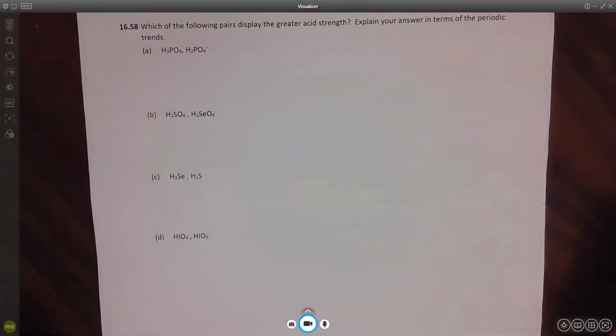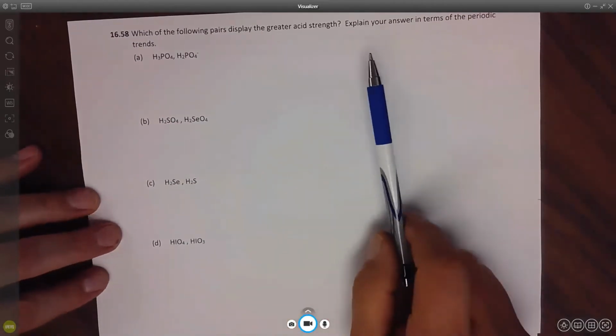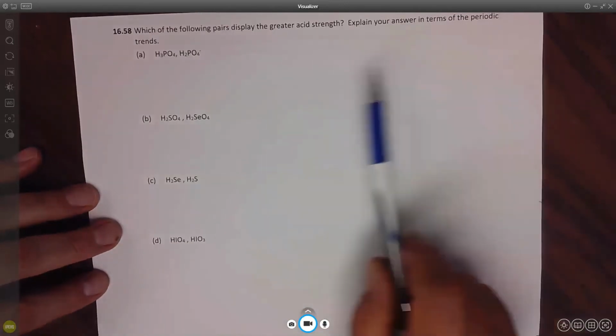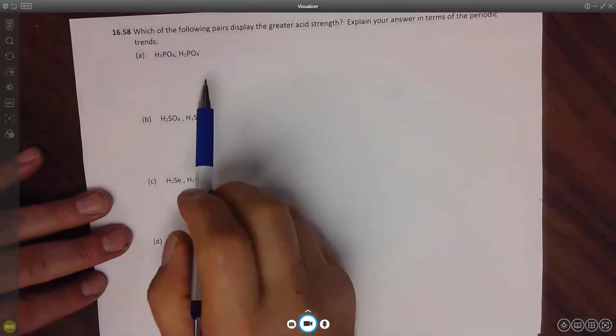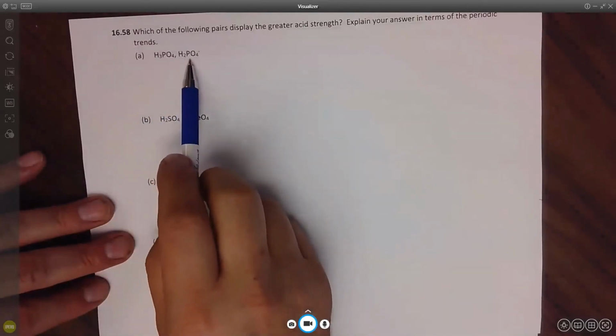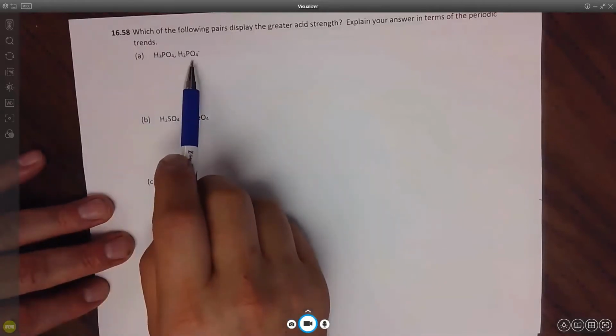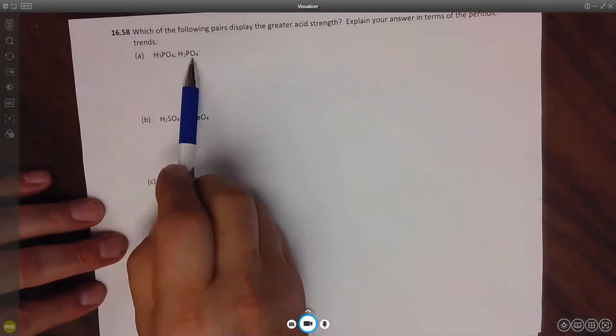This is number 58, and it just wants to know which of the following pairs display the greater acid strength and explain why. Okay, so let's say Leah, which one of these is going to be the stronger acid? H3PO4 or H2PO4 minus? Phosphoric acid or dihydrogen phosphate? Which one's going to be stronger?